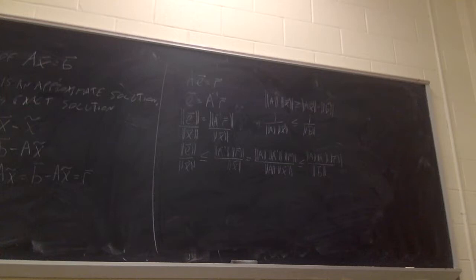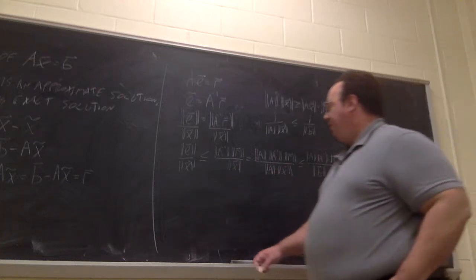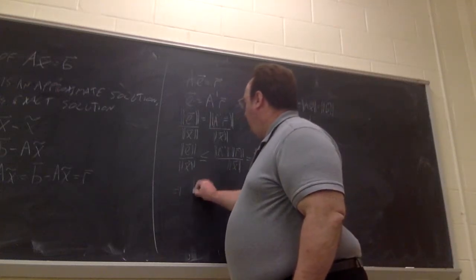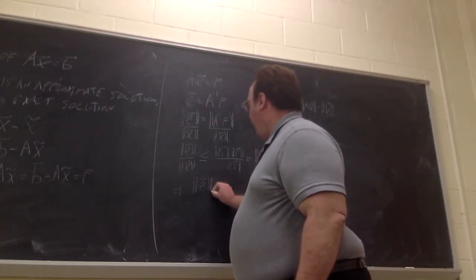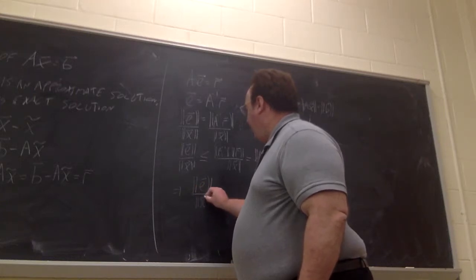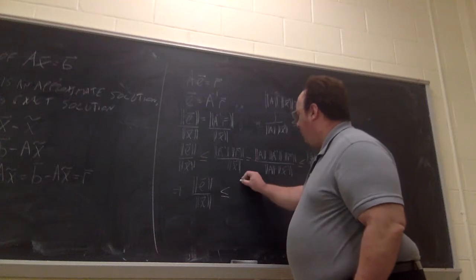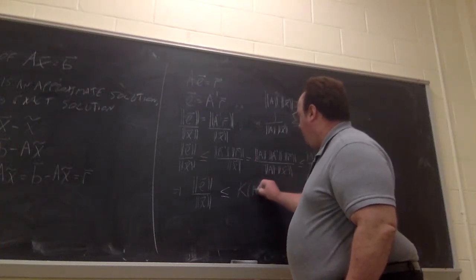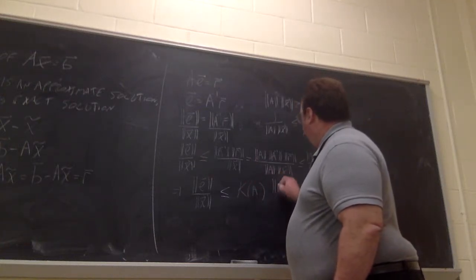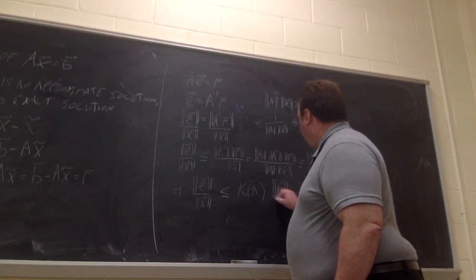Okay. So, to conclude, the relative error in x, in my approximation x tilde rather, is less than or equal to this quantity called kappa of A times the relative size of the residual.